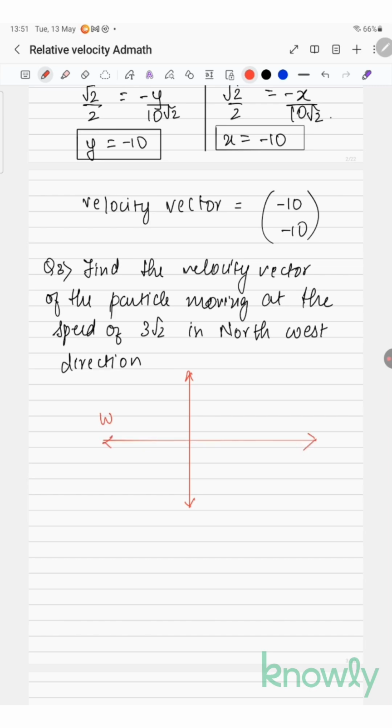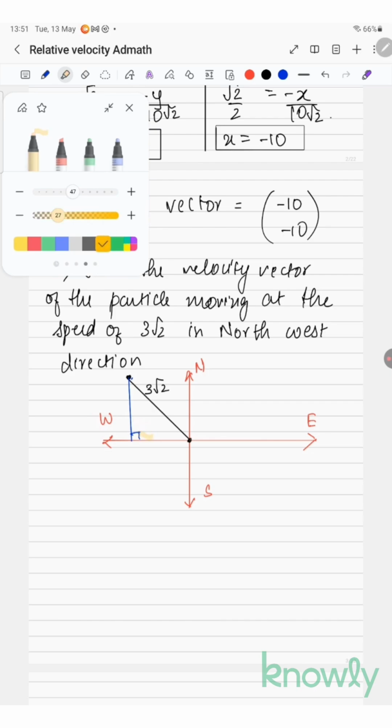So this is west, east, north, south, right? The speed is 3 root 2, and they have said northwest direction. So I'll draw a right angle triangle. I'll drop a perpendicular, something like this, right?